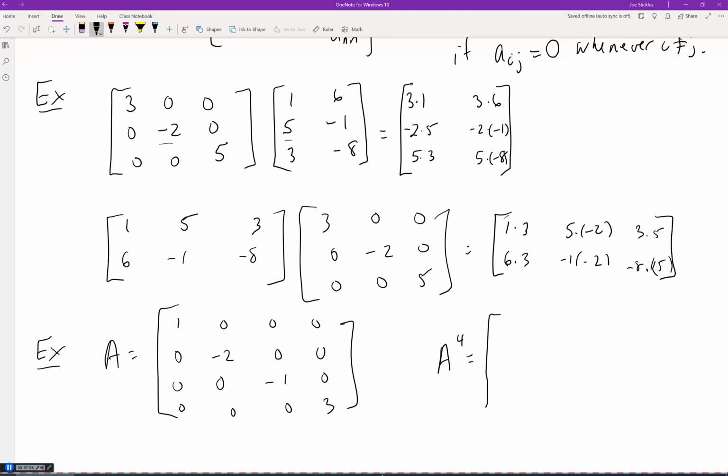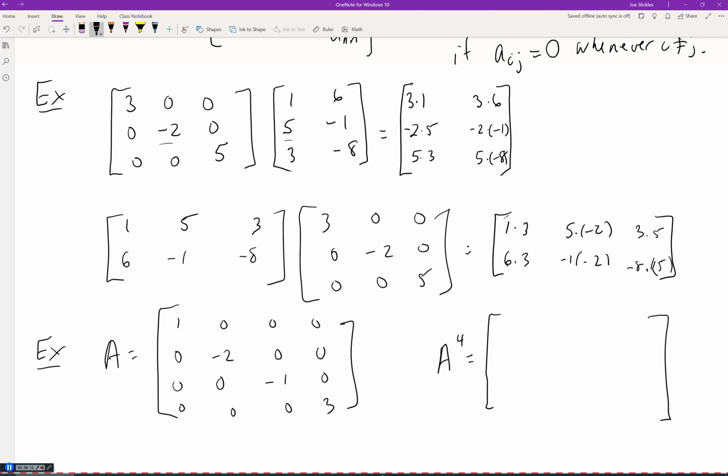What would A to the 4th be? Well, let's think about it. You're doing a diagonal matrix times another diagonal matrix times another diagonal matrix times another diagonal matrix.